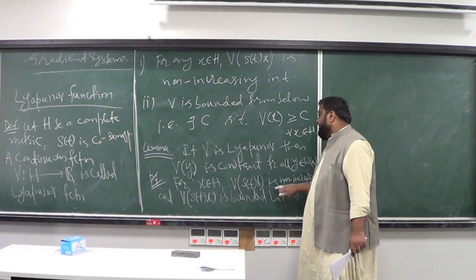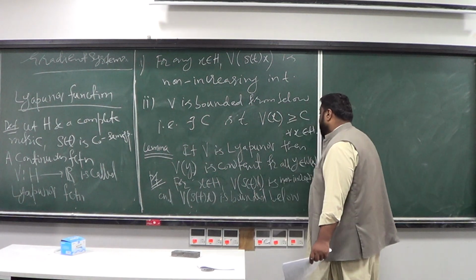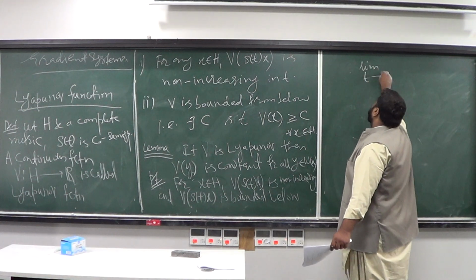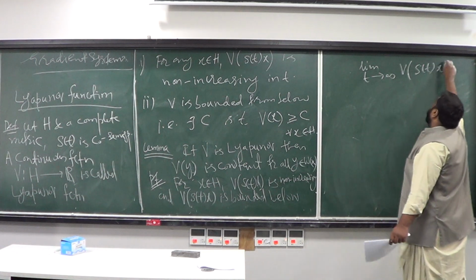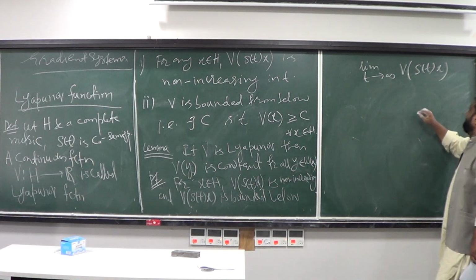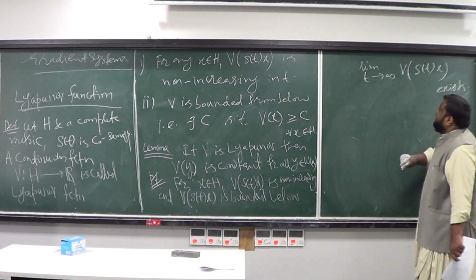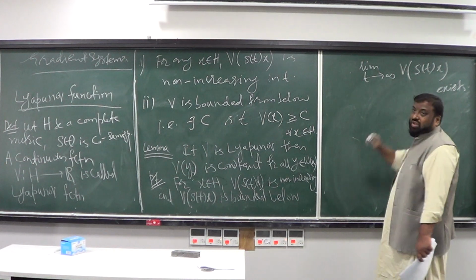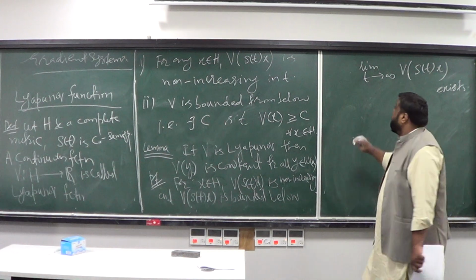So v of S of t x is non-increasing and bounded below. So as t goes to infinity, the limit of v of S of t x must exist. And this would be equal to the infimum of v of S of t x for all t bigger than or equal to 0.